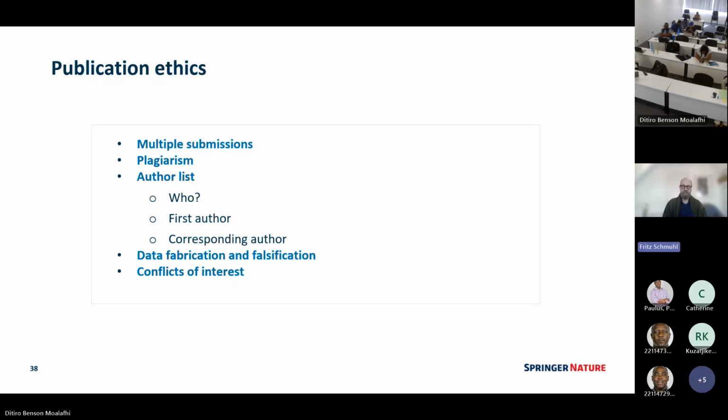And then conflicts of interest. A conflict of interest can express itself in a lot of different ways. Earlier, when I talked about the cover letter, I already mentioned one example of a conflict of interest. You had great advice from another researcher who is not listed as an author.